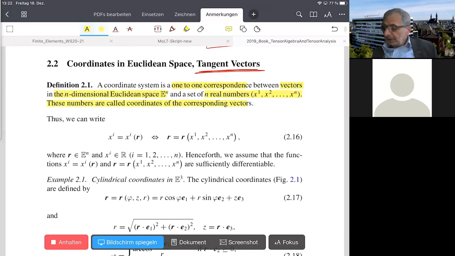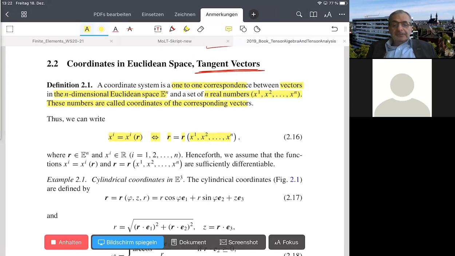Mathematically, we can express this definition the following way. Every one of these n numbers, x1, x2, ..., xn, is a unique function of our vector r. And this is exactly what the symbol shows, that it is a one-to-one correspondence. We can go in one direction or the other. Alternatively, we can say that our vector r is a unique function of these n numbers, right?